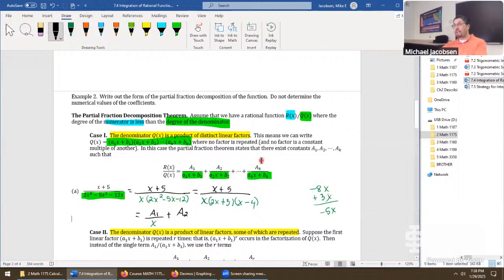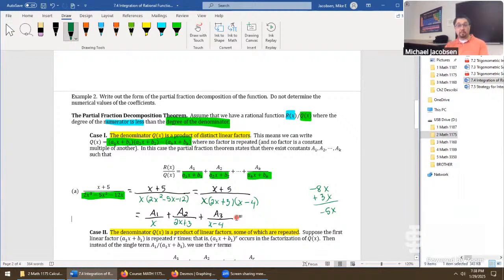They have to use a1, a2 subscripting because there is no guarantee how many factors this could potentially be. So next one, it's going to be a2 divided by 2x plus 3, plus a3 divided by x minus 4. So that's the pattern of the decomposition theorem.